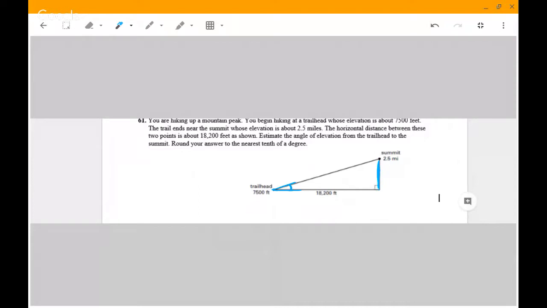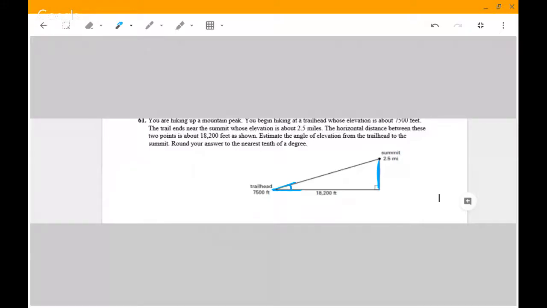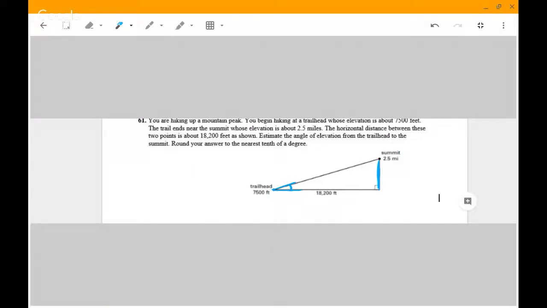And then I could do tangent to find that angle. Correct, the second tangent thing. If you want to try it, I can tell you if you got it right. Okay. And a mile is 5,280 feet, correct? Yes.